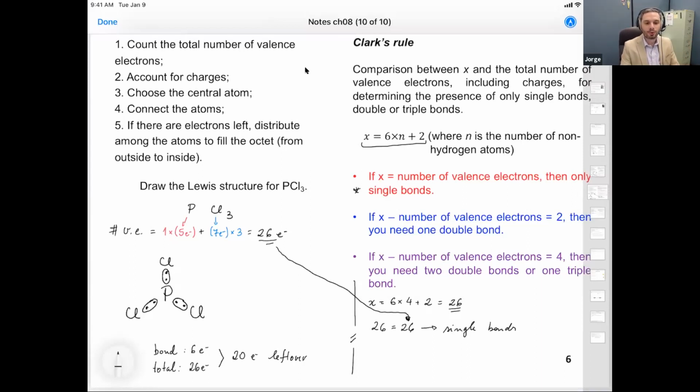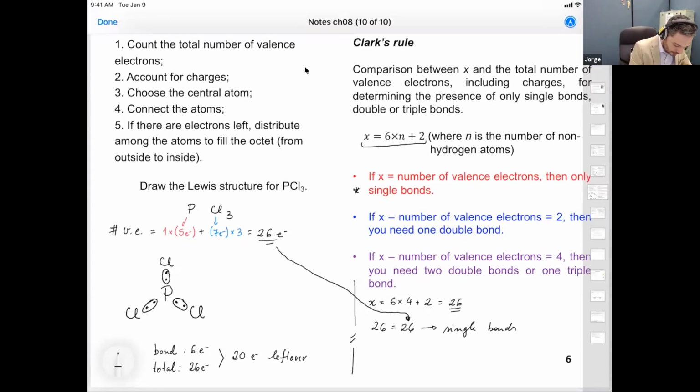What are we going to do with the leftover? Start filling the valence shell starting from the elements on the outside, moving to the central atom. Why am I starting from the outside? Because on the outside we have the smallest elements, and they will attract the electrons more easily than the large central atom.